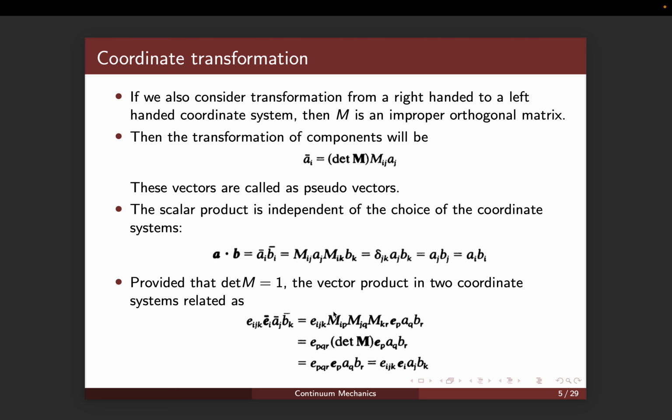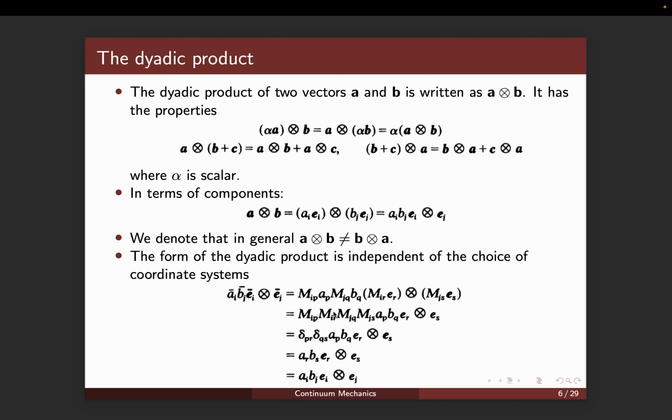Now we will define what a dyadic product is. A dyadic product of two vectors A and B is written with this symbol, and it has the following properties. First, a scalar multiplication of a parameter with a vector and taking the dyadic product with another vector is equivalent to taking the dyadic product and then multiplying with the scalar.